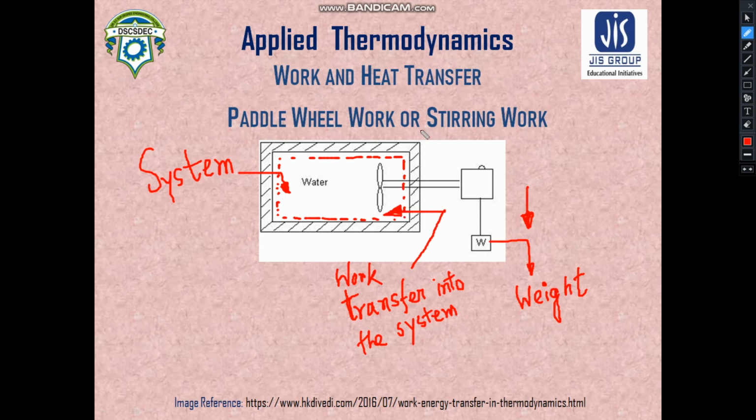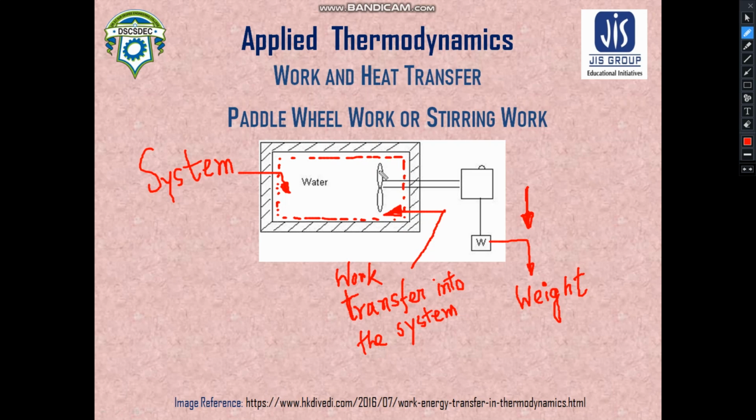Now what happens? A stirrer or a paddle wheel is being inserted into this water, and this stirrer is connected with a weight. If this weight is lowered down, it will cause a certain motion of this stirrer. The stirrer will start to rotate.